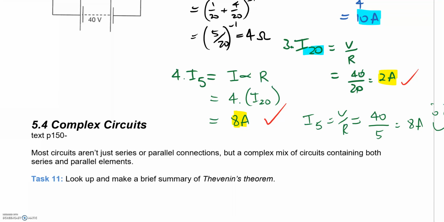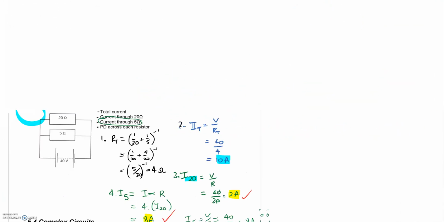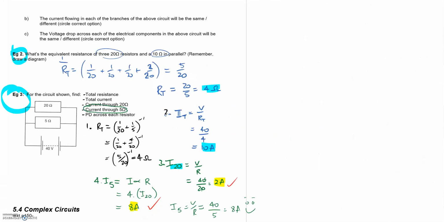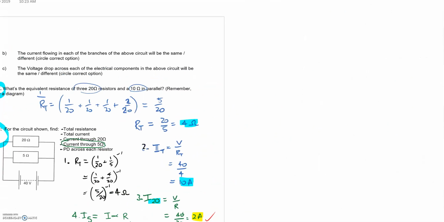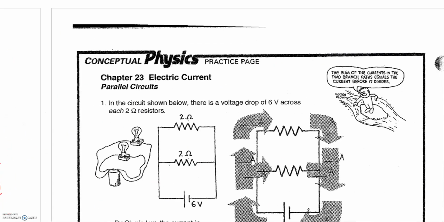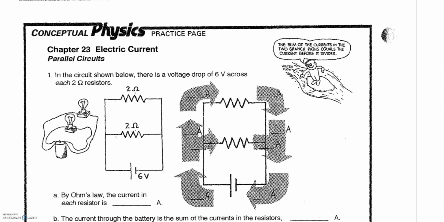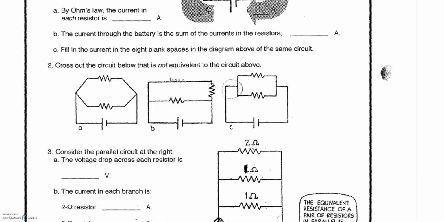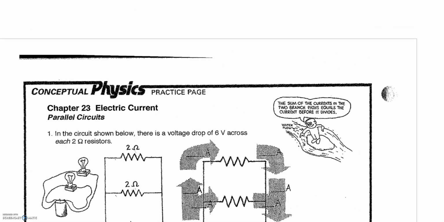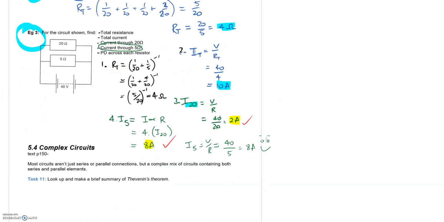But certainly what you want to be able to do now is you should be able to finish off that Hewitt worksheet there, which is page 94 from that Hewitt book that I've breached copyright to give to you.